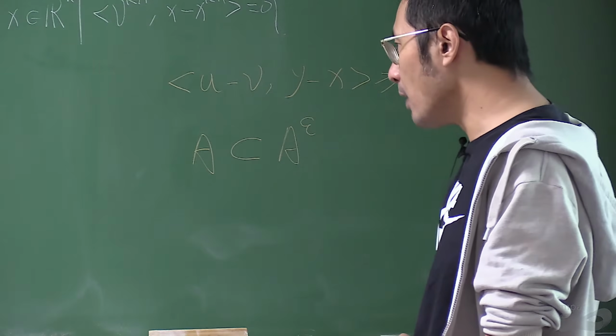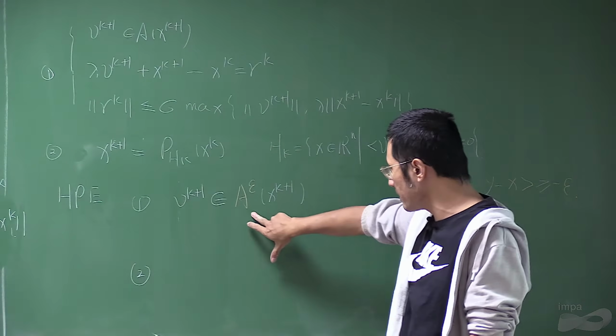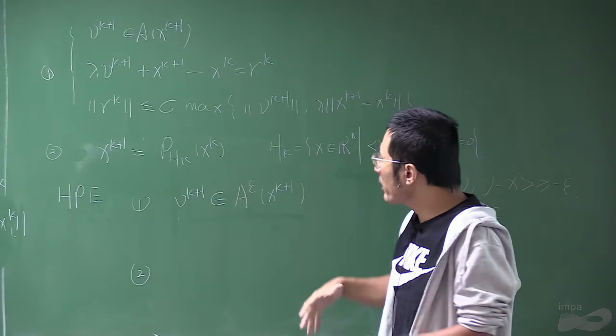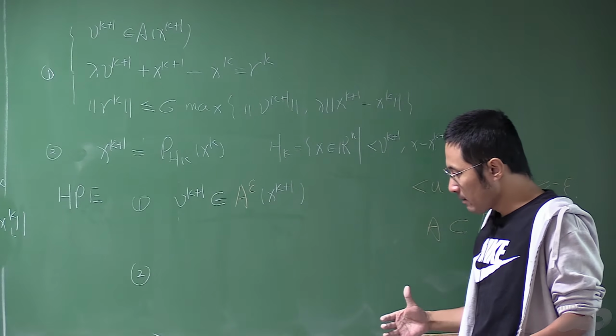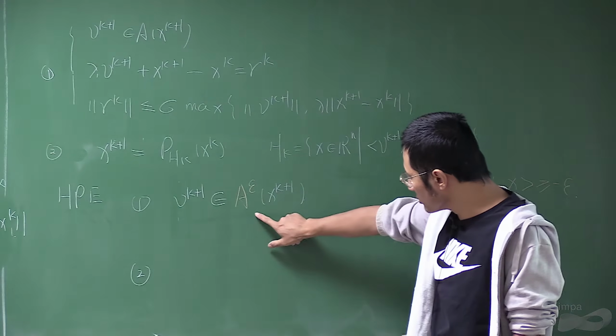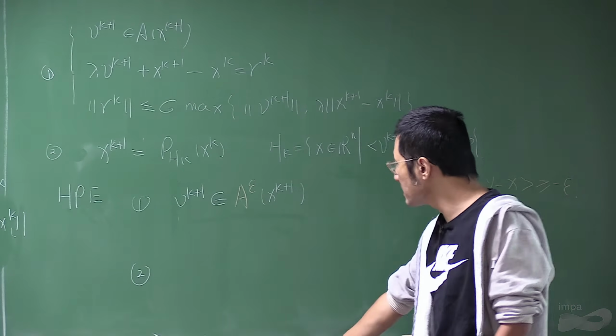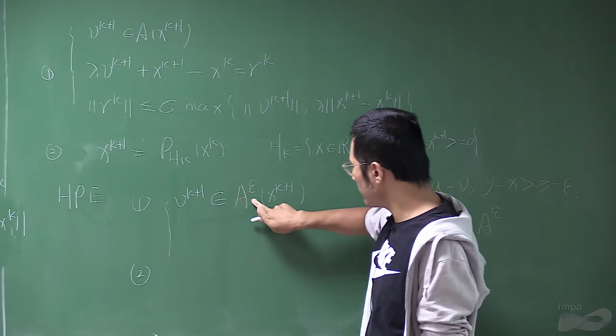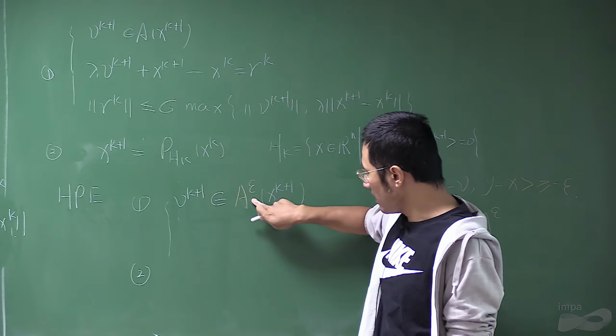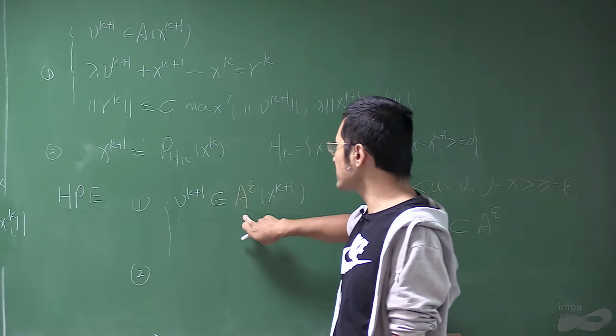So if we use the enlargement in this inclusion, we permit errors here. In the first step for the inclusion, we permit errors in the maximal monotone operator.